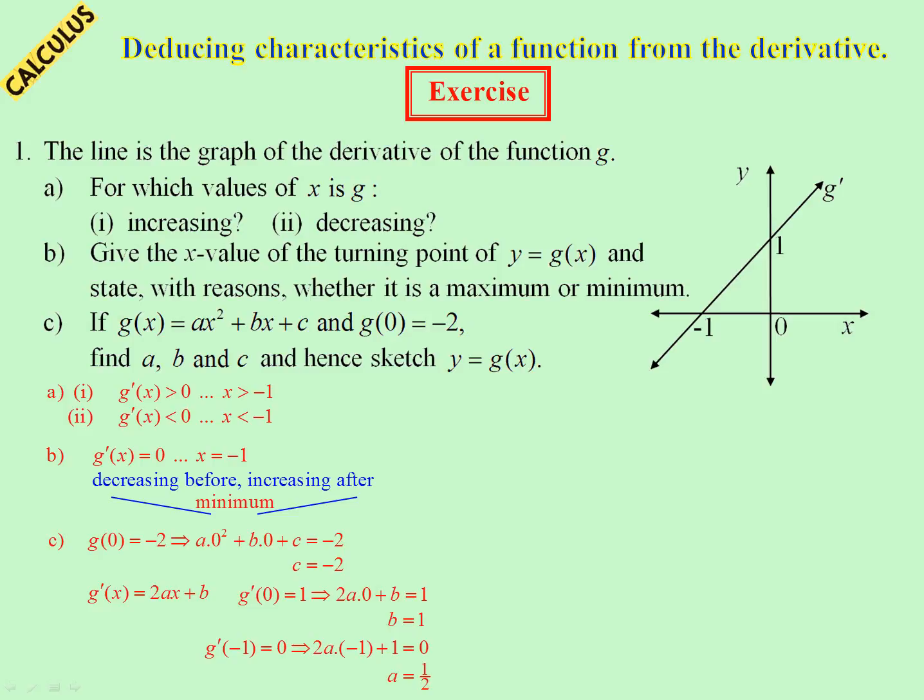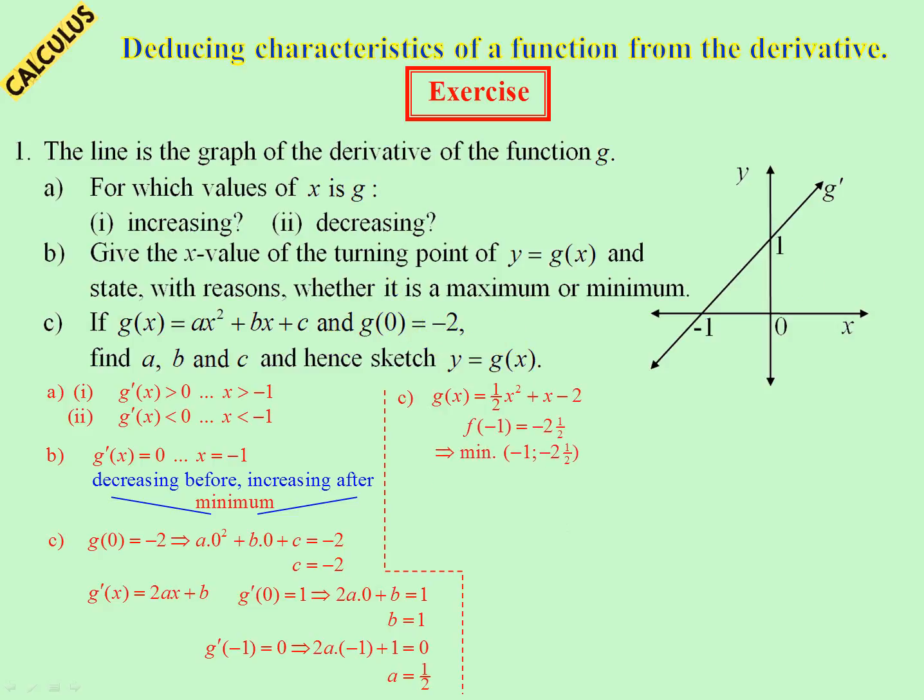We still need to sketch this graph. Which means there's the equation. We need the y value of the turning point. We know the x value, -1. We need to know the x-intercepts. And we know the y-intercept, we've been given it.